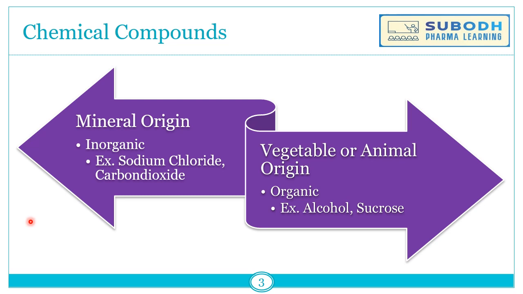The compounds which were derived from mineral origin are known as inorganic, and those which are derived from vegetable or animal origin are called organic. For example, sodium chloride and carbon dioxide are inorganic compounds, and alcohol and sucrose are organic compounds.